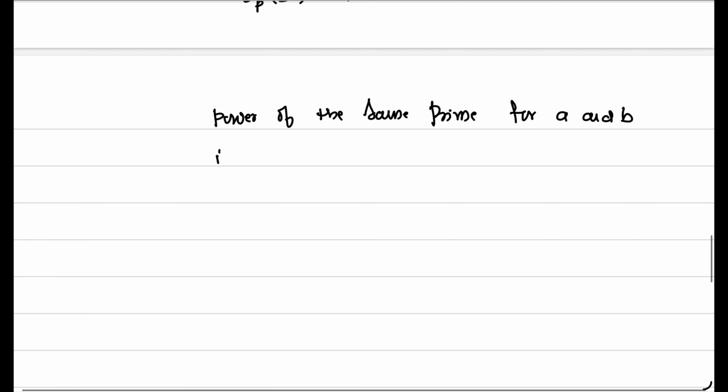And the power of this particular prime on the left hand side for A and B is also 1.